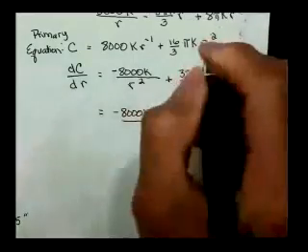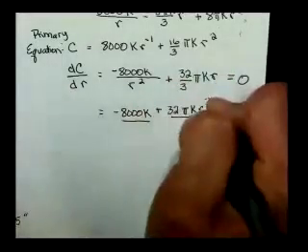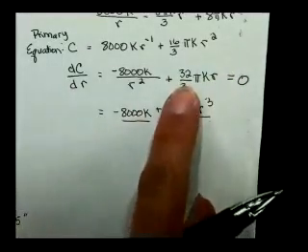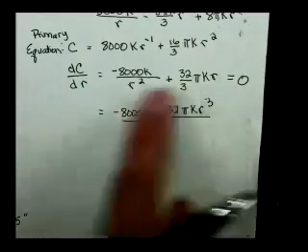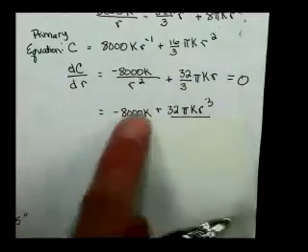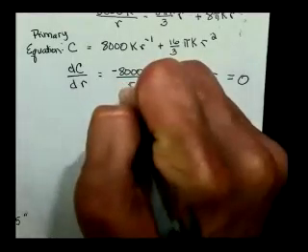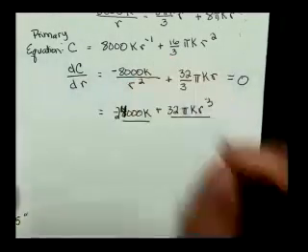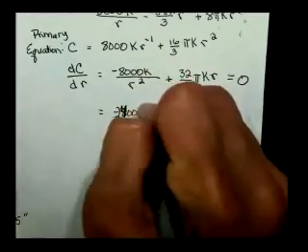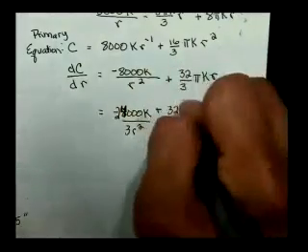Well, actually, if I leave it in the denominator, I'm going to have to say that LCD is 3r squared and multiply this first term by 3. Negative 24,000 k over 3r squared plus that over 3r squared.